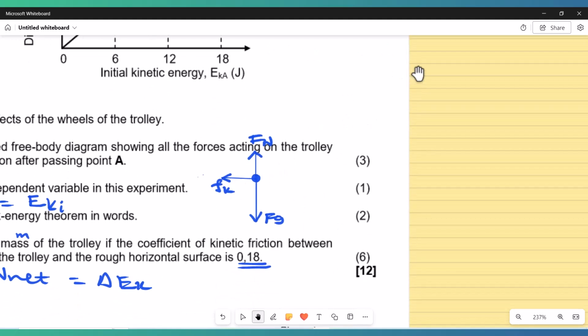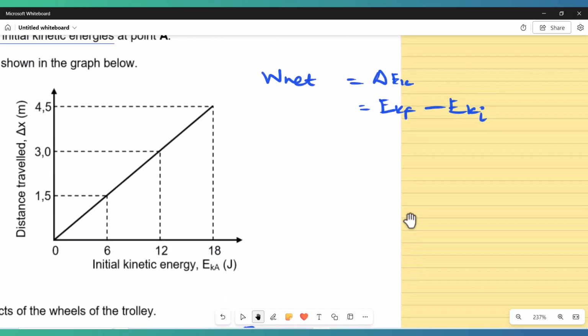So we're looking for the work done by the frictional force, which is the work done by Fk. How do we find it here? It's our Fk multiplied by the displacement, times cos of theta, equals Ek final minus Ek initial.